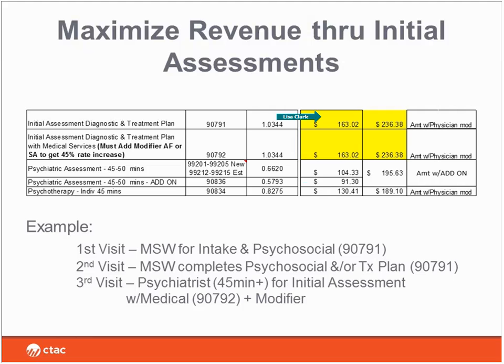And if you do 45 minutes of the doc time and you're doing the add-on on that service, you're getting paid $195.63 versus $236. So that's an additional $40 that you can make by doing a 90792 over the 45 minutes of doc time without it.